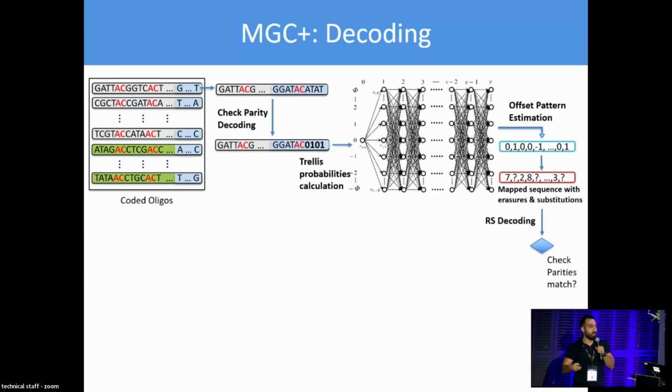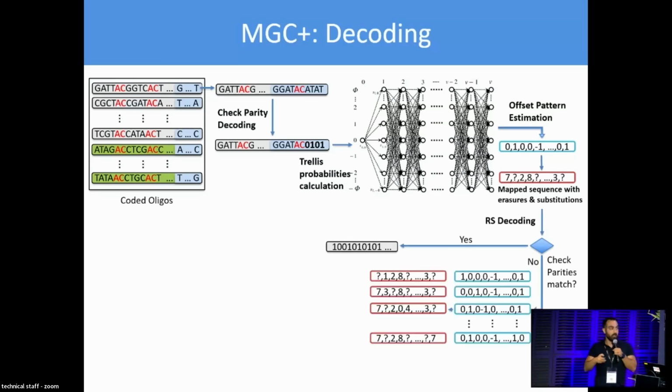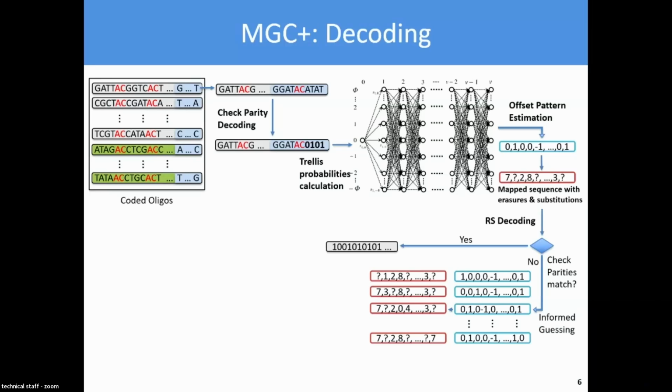So now we use the check parities to see if our guess here on the offset pattern is true or not. If it is true, we're done. If not, we generate more informed guesses based on the estimated pattern. And then for each of these patterns, we also check if they are valid or not. If there's any match, we're done.